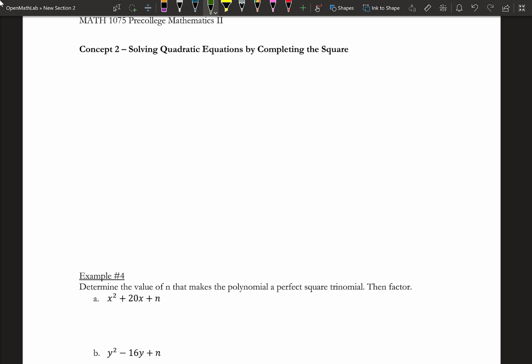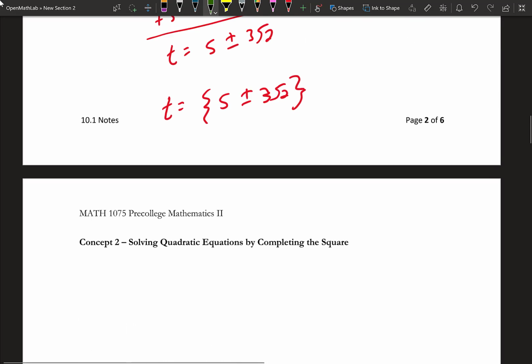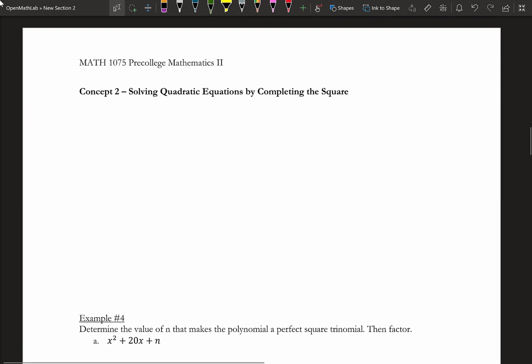All right, so example 3 was to prep us for an idea really to think about completing the square, right? So in example 3, we solved t minus 5 quantity squared equals 18, right?